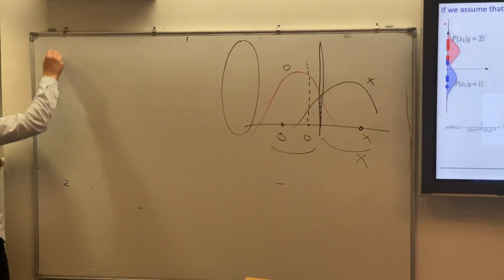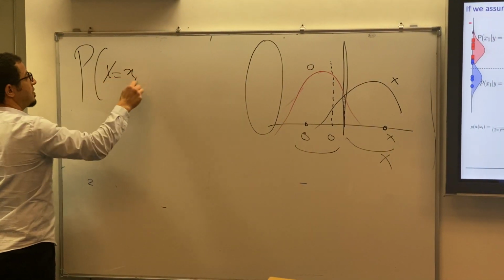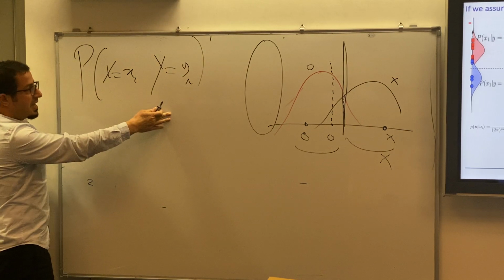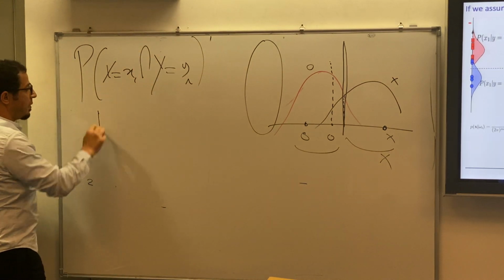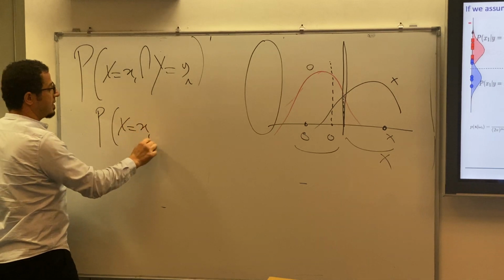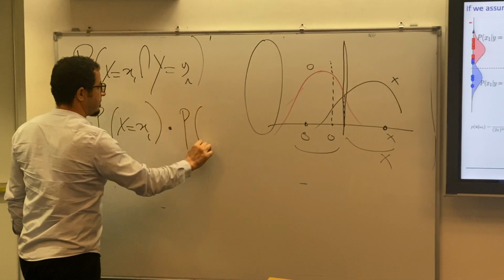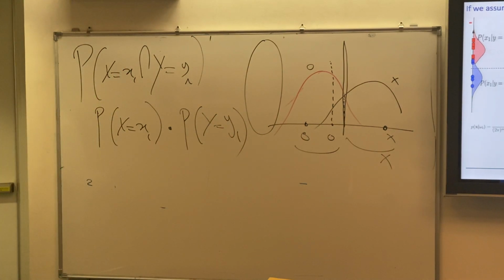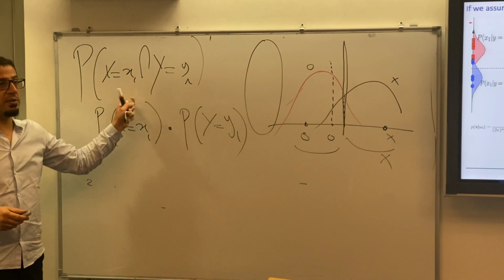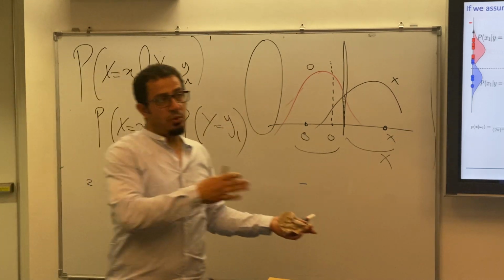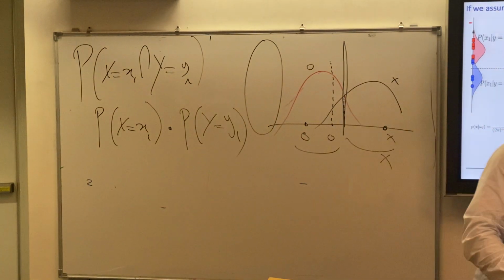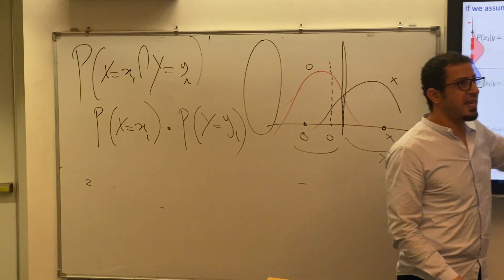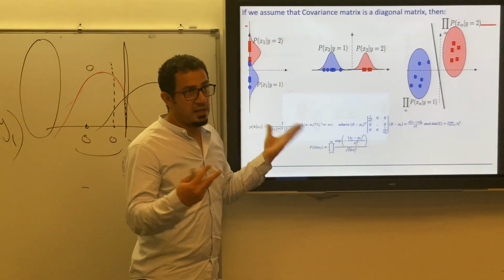The probability of x equals x1 and y equals y1, the intersection, became always what? A product. So this means independent, right? Here I have two features. If I have m features, it will be the product. For example, the distribution will be the distribution on the x-axis and on the y-axis.